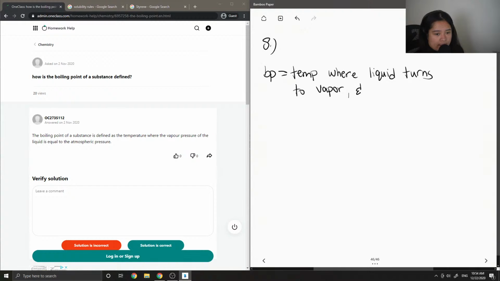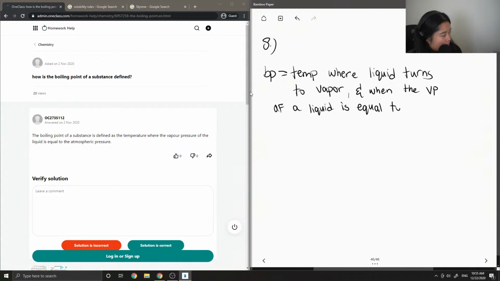I'll also just add, and when the vapor pressure of a liquid is equal to the pressure surrounding the liquid.